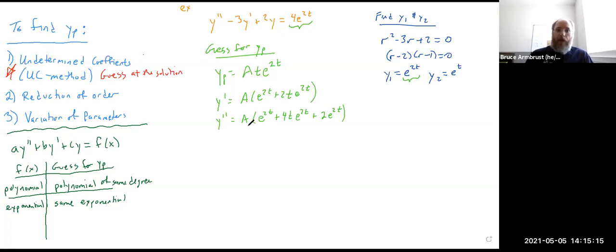So we're going to have a e to the 2t. Actually, there's 2 plus 1, so there's 3 of them. So 3a e to the 2t plus 4a t e to the 2t. We're going to subtract 3 of these, so minus 3a e to the 2t. And then minus 6a t e to the 2t.